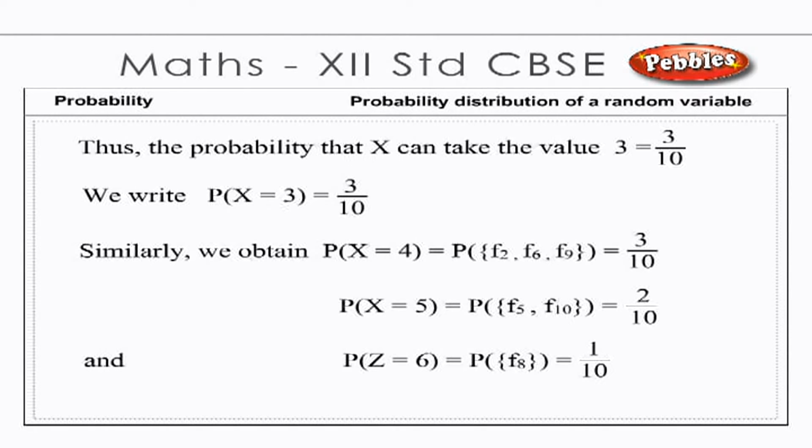We write P of X equal to 3 equal to 3 by 10. Similarly, we obtain P of X equal to 4 equal to P of {F2, F6, F9} equal to 3 by 10, P of X equal to 5 equal to P of {F5, F10} equal to 2 by 10, and P of X equal to 6 equal to P of {F8} equal to 1 by 10.